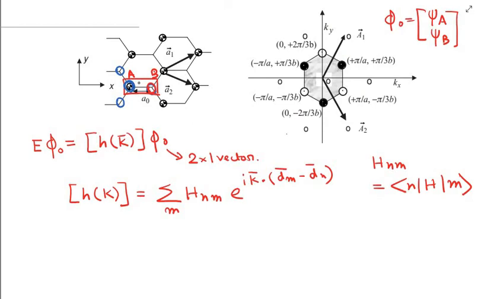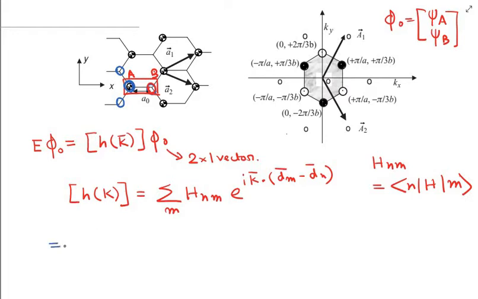We will consider that the coupling between these two atoms is equal to the coupling between these two atoms, which is equal to the coupling between these two atoms, because they are equidistant from this atom. All these three atoms are equidistant from this atom, and we will assume that this coupling is equal to minus t.